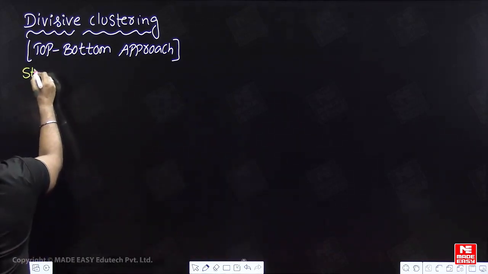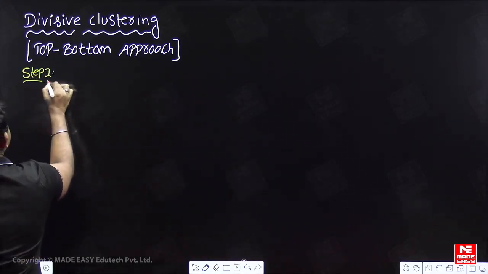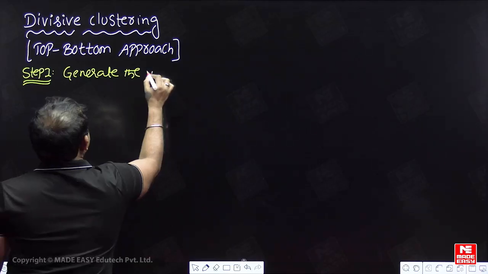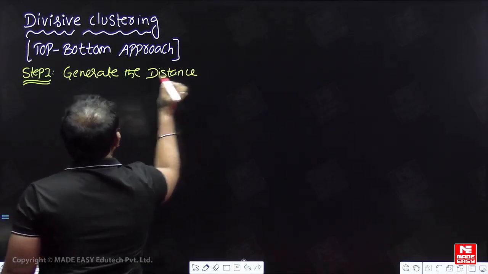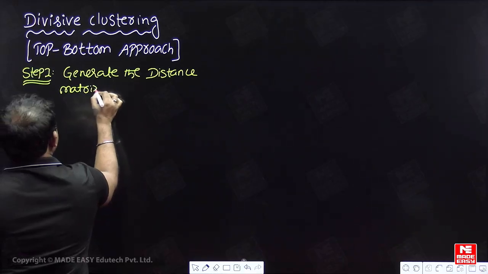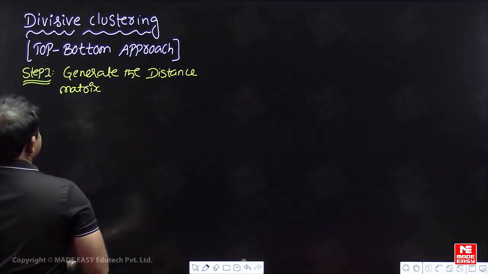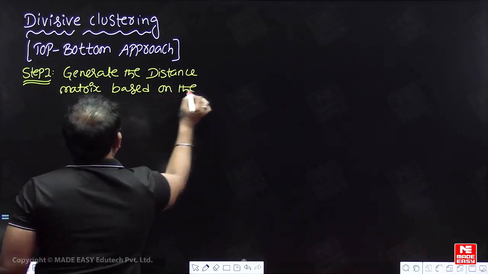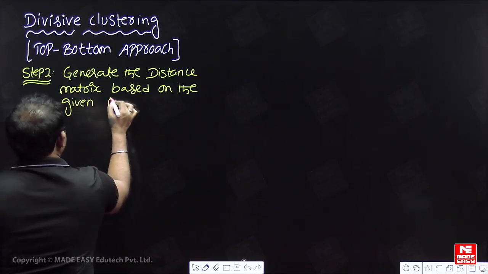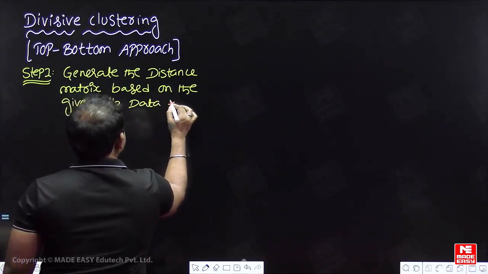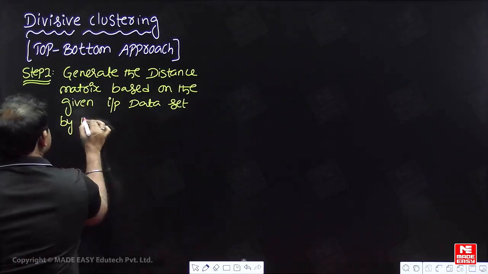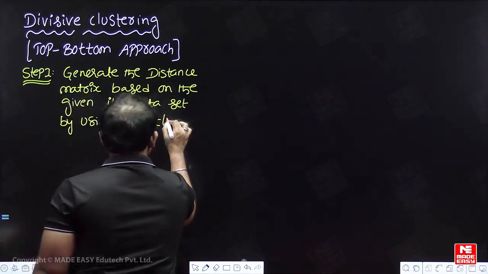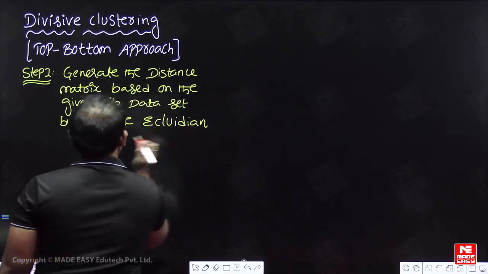Step 1: Generate the distance matrix based on the given input data set by using the Euclidean distance formula.